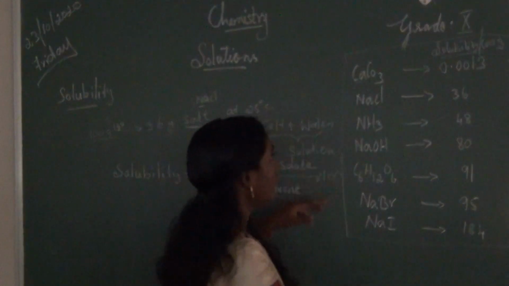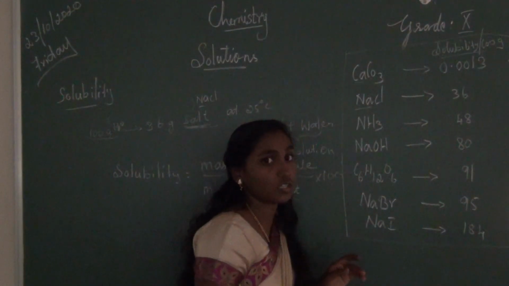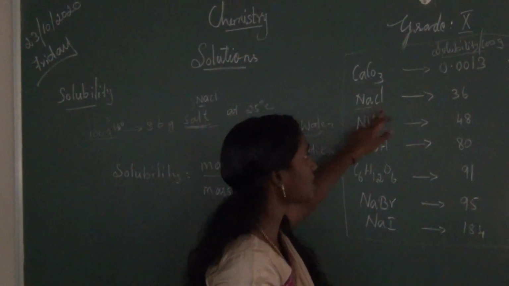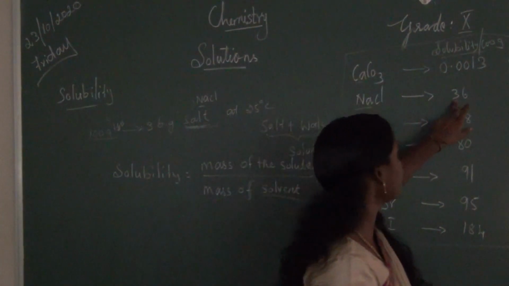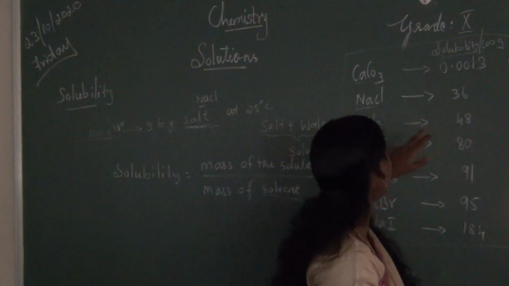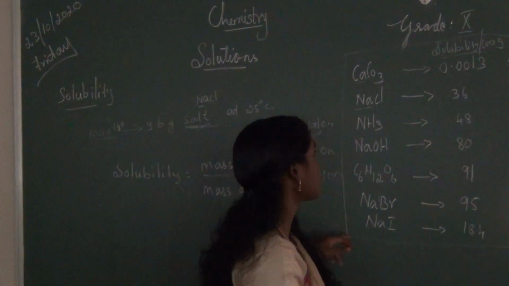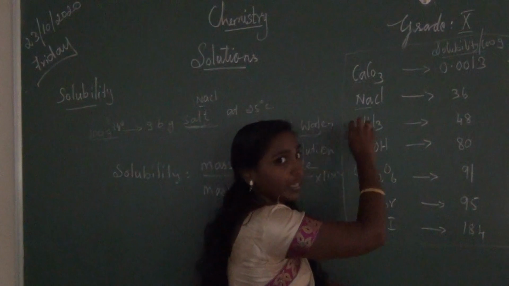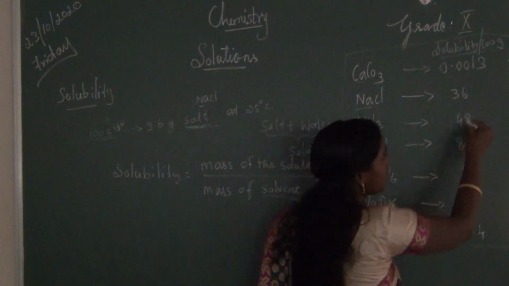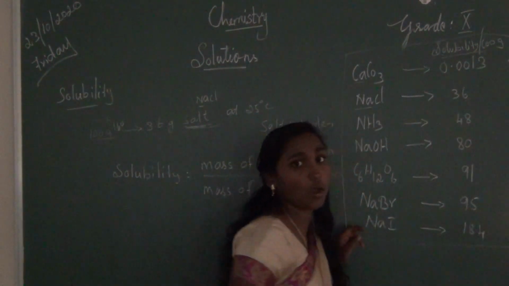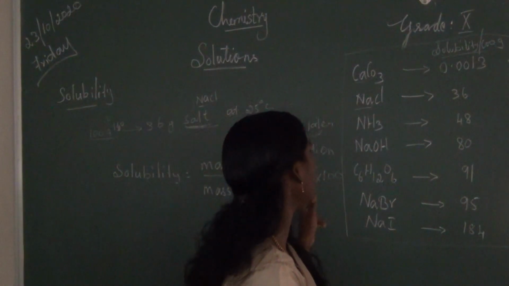Sodium chloride, NaCl, common salt, is 36 gram. Ammonia, NH3, solubility value is 48 gram.